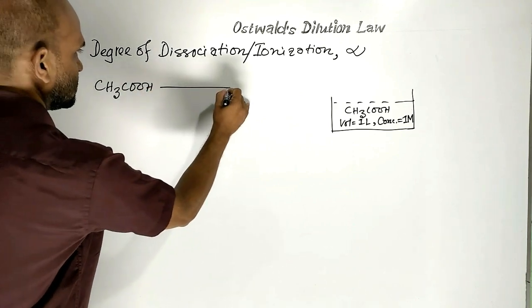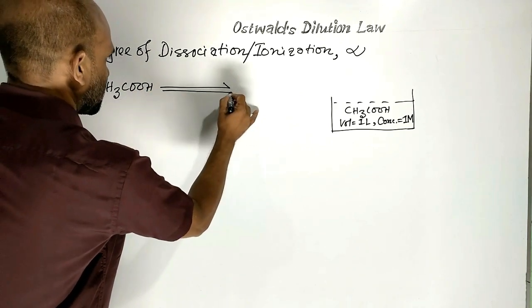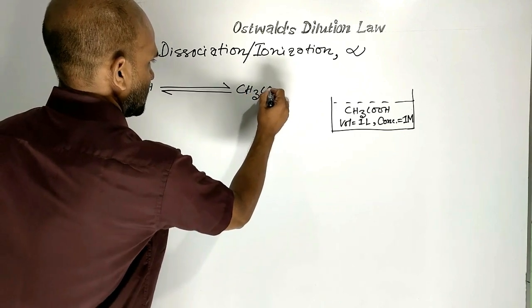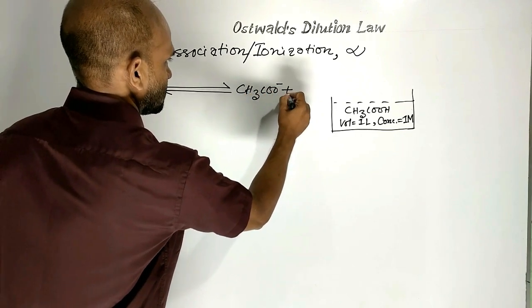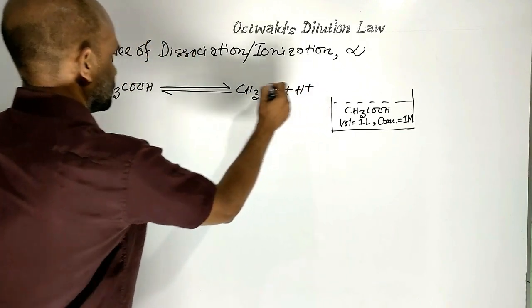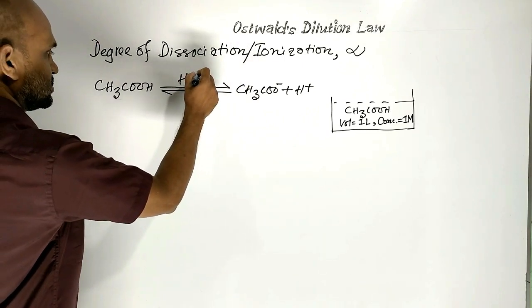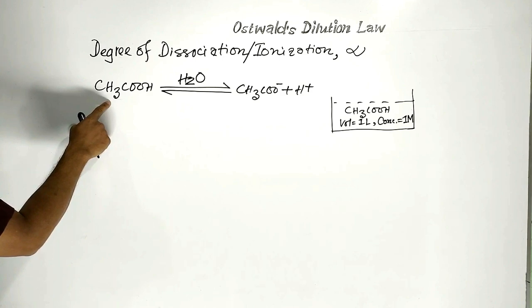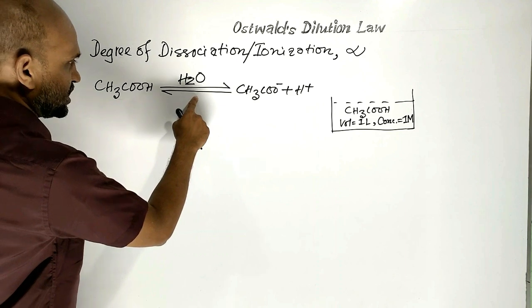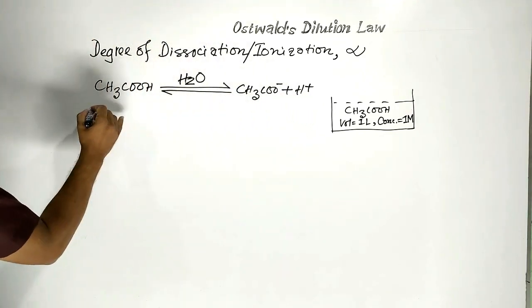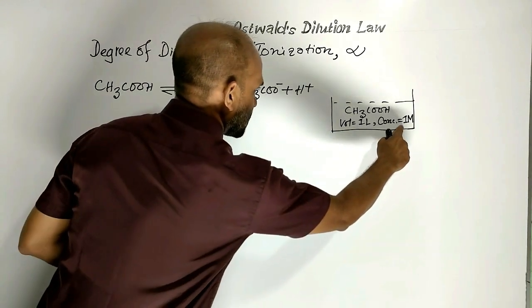Acetic acid ionizes partially to form acetate ion and proton in presence of water. Since acetic acid is a kind of weak acid, acetic acid establishes equilibrium state with its ions. Here, concentration is 1 molar.